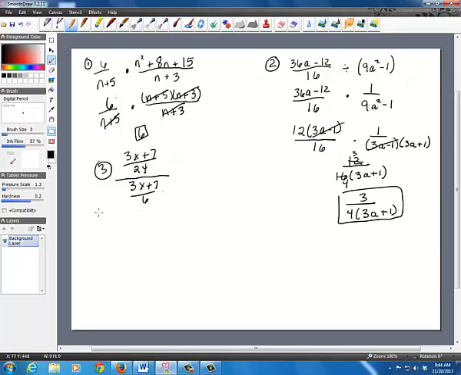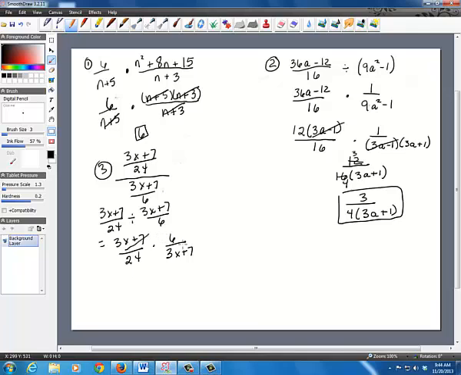I'm going to change it to a division problem. 3x plus 7 over 24 divided by 3x plus 7 over 6, which can be rewritten as a multiplication problem. 3x plus 7 over 24 times 6 over 3x plus 7. I have to invert the second fraction when I multiply.